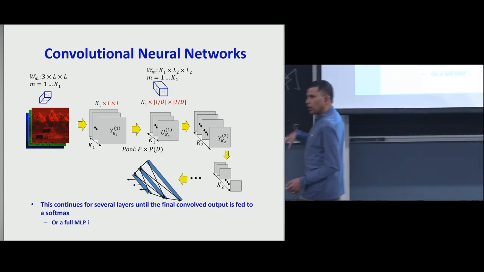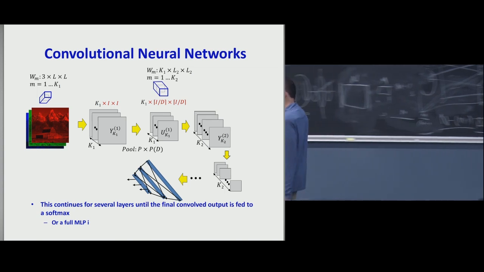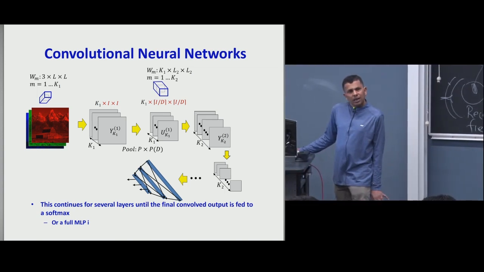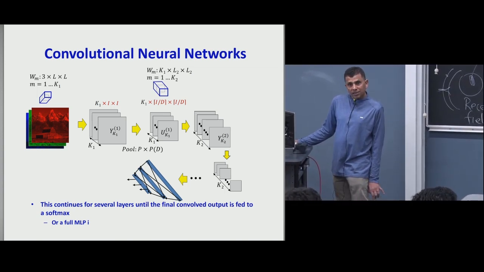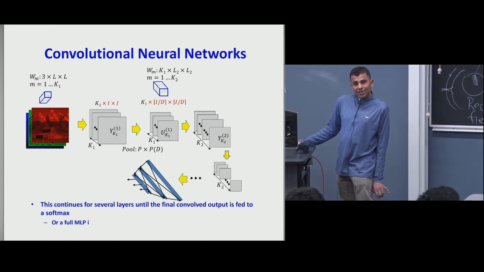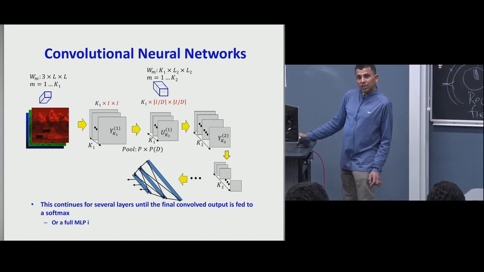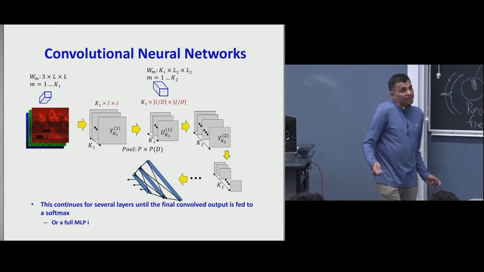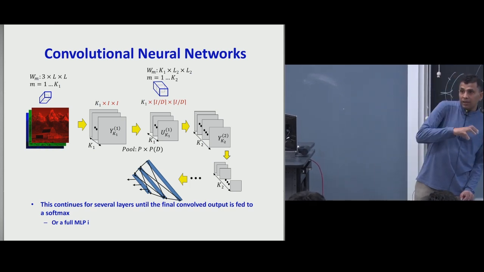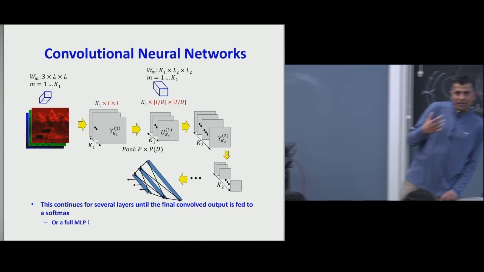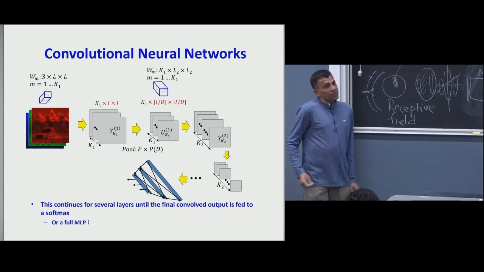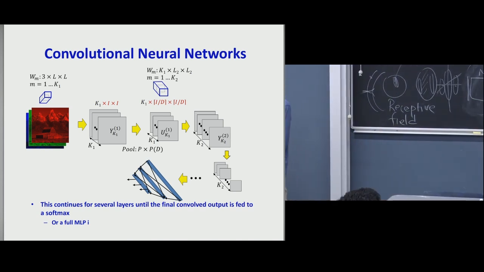And then that vector can go onto a multi-layer perceptron. Or typically you'll only use a single softmax. As we saw in the last class, the final multi-layer perceptron doesn't really make sense, because using a multi-layer perceptron is like the equivalent of scanning without sharing parameters. And that's a very inefficient thing to be doing. So typically we'll only use a final softmax.